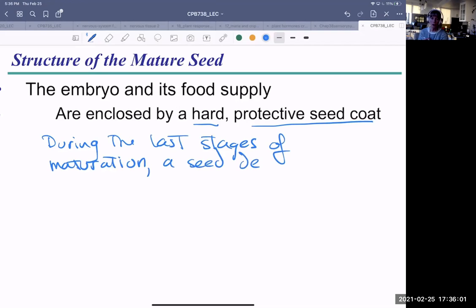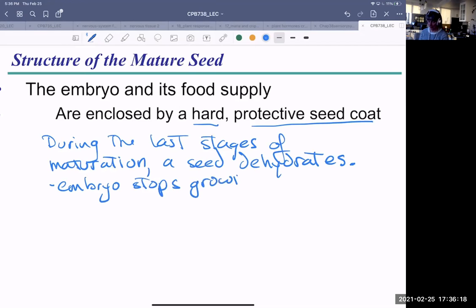So it will lose most of its water. And then the embryo stops growing at this point until the seed germinates. And then it'll start growing again.